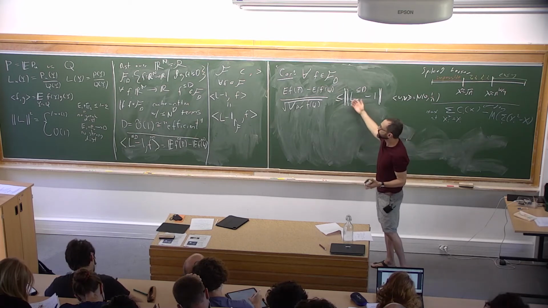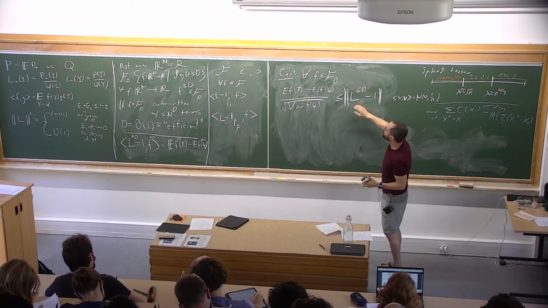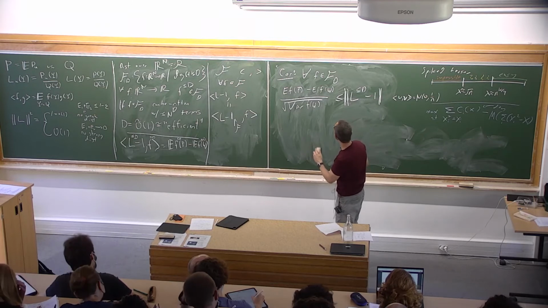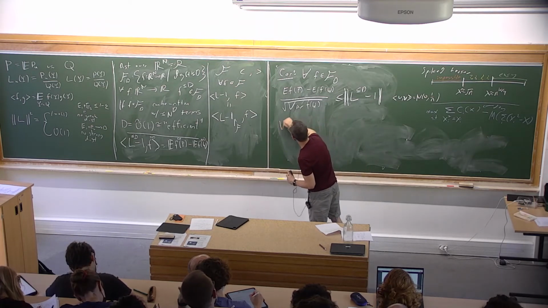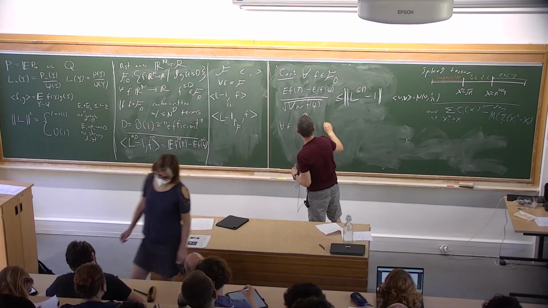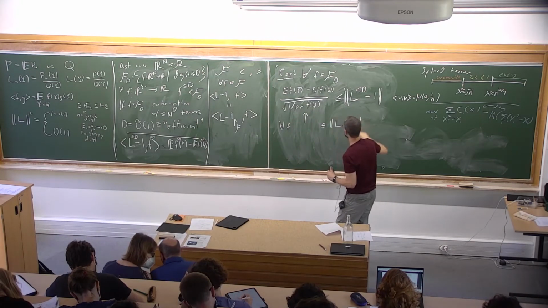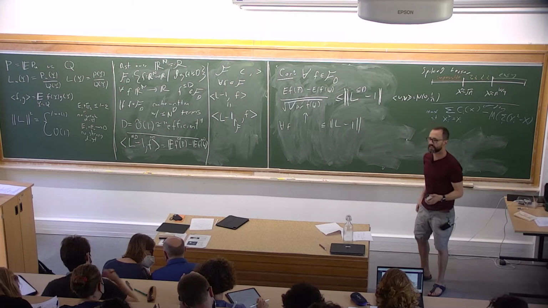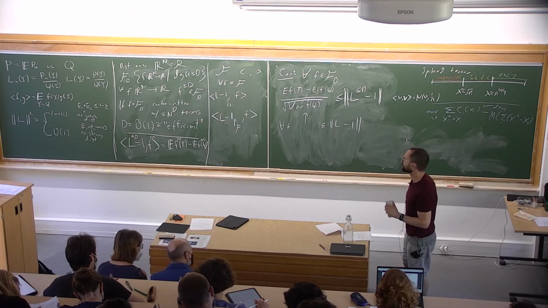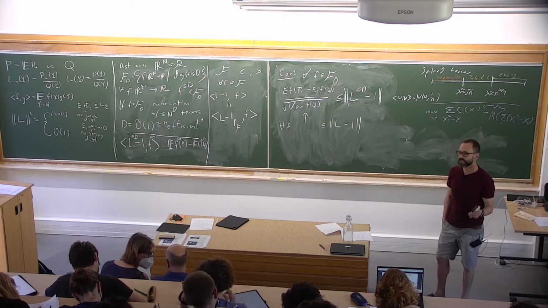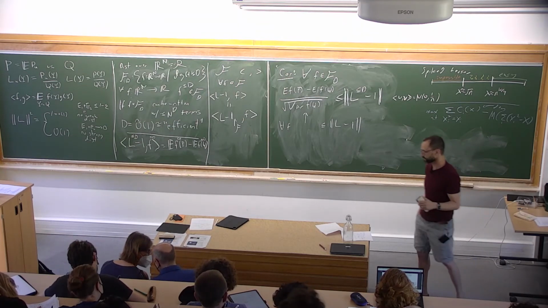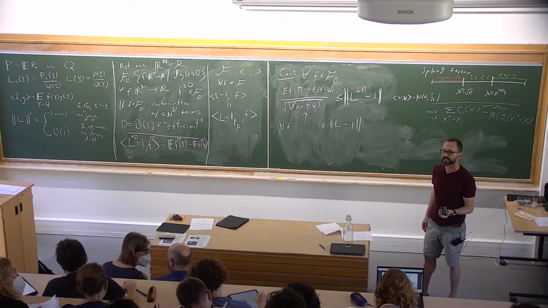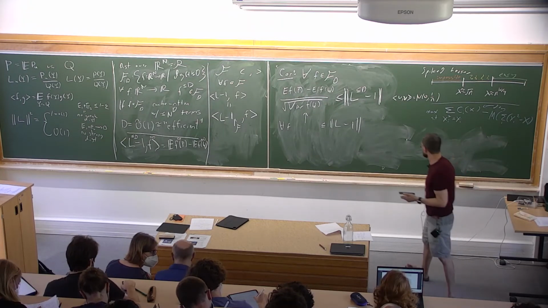Notice, if you project something, the norm becomes smaller, so this is a better bound. We knew that for every f, this is bounded by this norm, but for low degree f, this is bounded by a smaller norm.